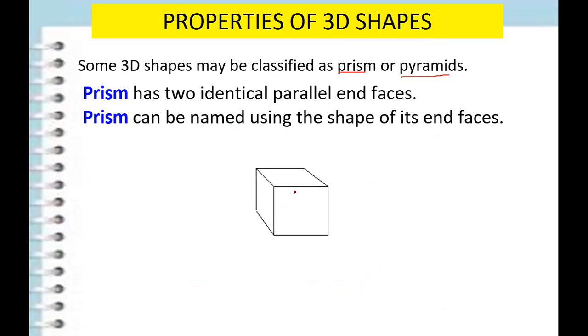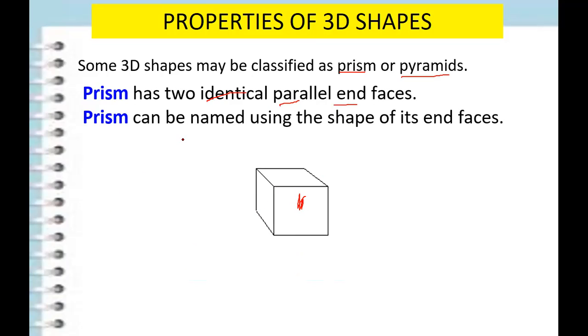this is a cube. A prism has identical parallel end faces. So if we have a face here, the other side is also the same face, so it should also be a square.